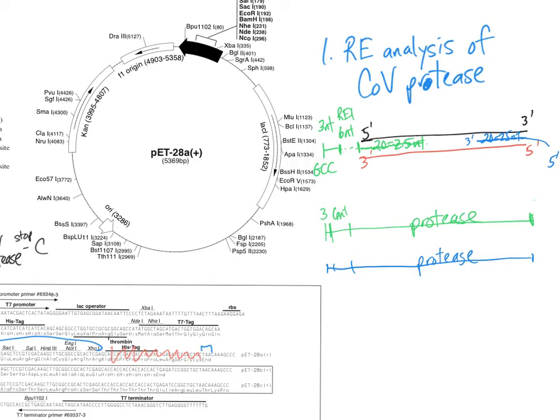And in this case, what we are going to end up having to add is three nucleotides here, 6 and a 3. This is going to be a stop codon, restriction enzyme 2, and then the GCC. Okay?